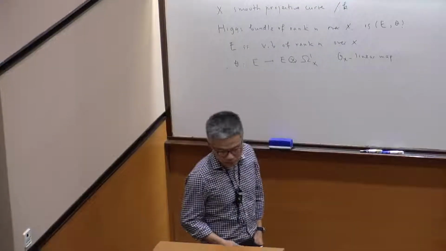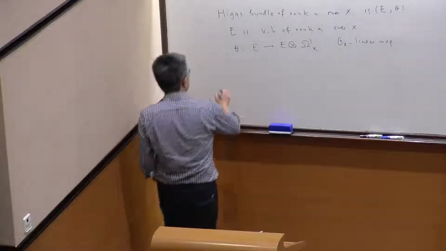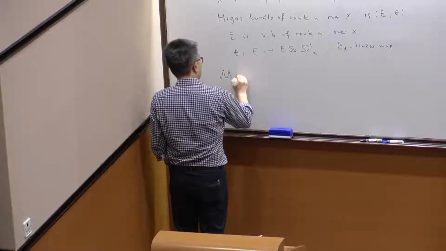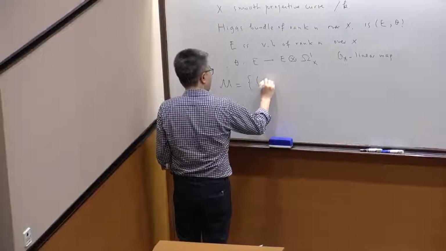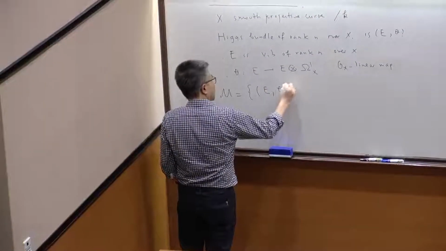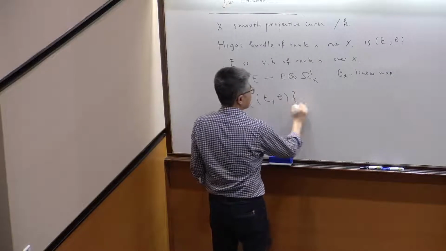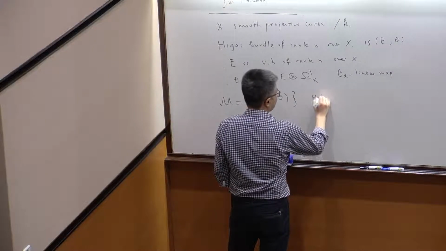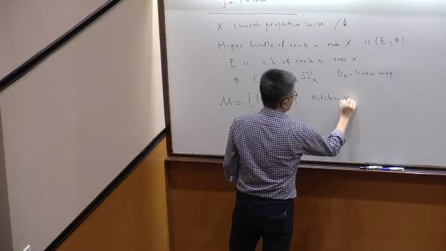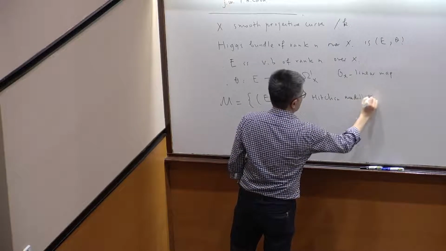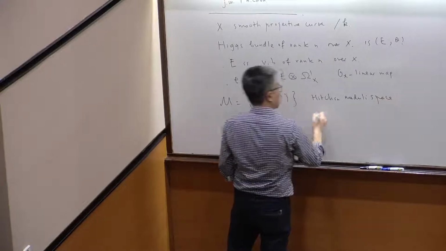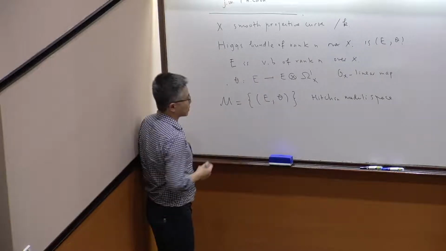What did I say? So we have this space M of pairs (E, theta). The moduli space of all these pairs is this Hitchin moduli space of Higgs bundles of rank n.